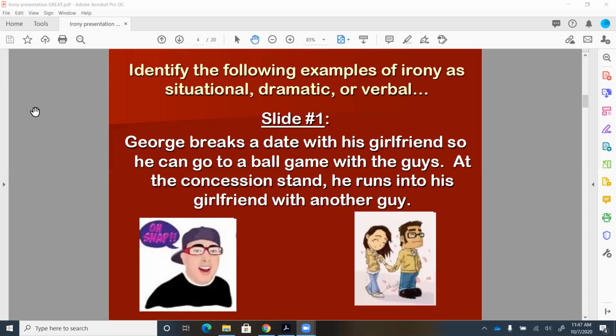And so I would ask you, did we know ahead of time something that one of the characters didn't? So think about this. Is it situational? Is it dramatic? Or is it verbal?